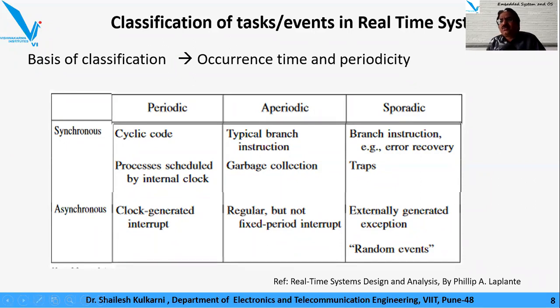Getting my point? So when we know this particular categorization of tasks or events, can you believe that your system would only have tasks in a single category? I don't think so. For actual practical real-time systems, you might come up with a mix, a heterogeneous nature of tasks.